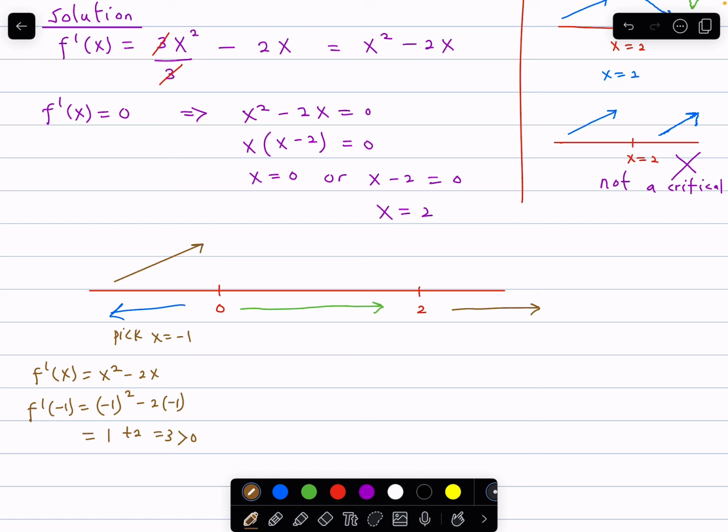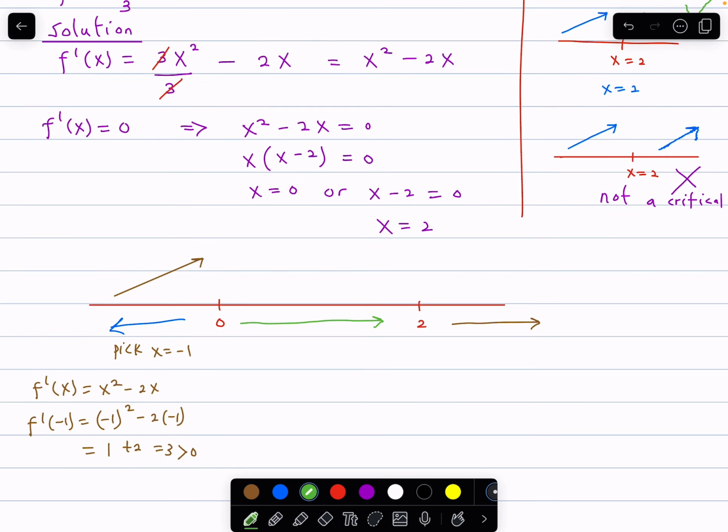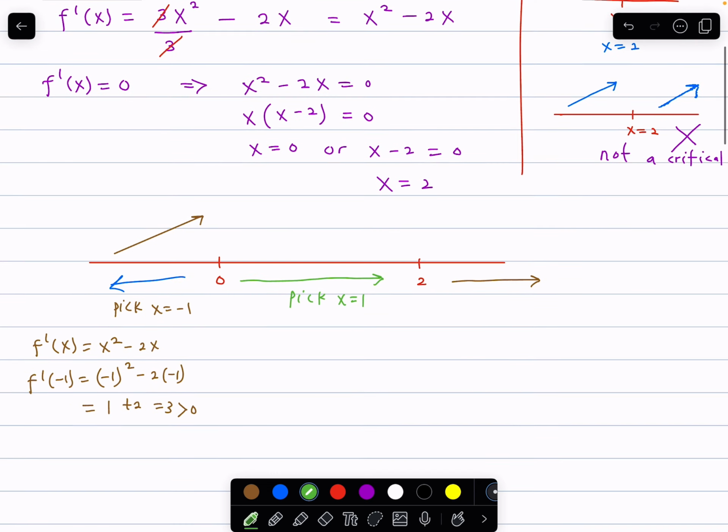Now I'm going to do to the right of 0. I'm going to pick a number in between 0 and 2. I'm going to pick 1. So I'm going to plug in 1 into the first derivative. So I have f prime of 1 is just going to be 1 squared minus 2 times 1.